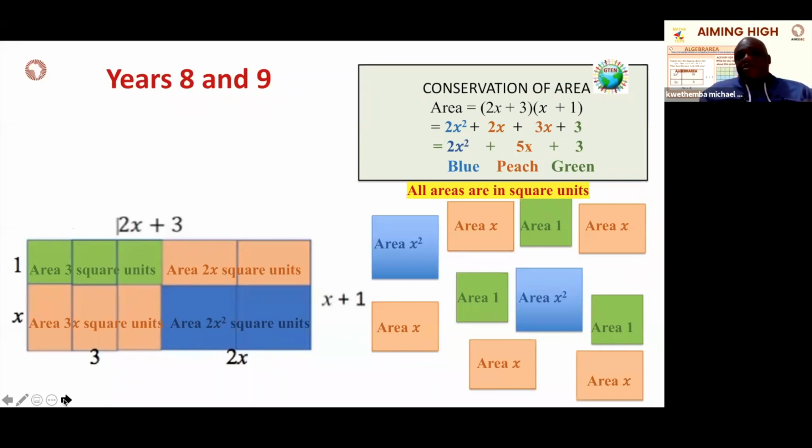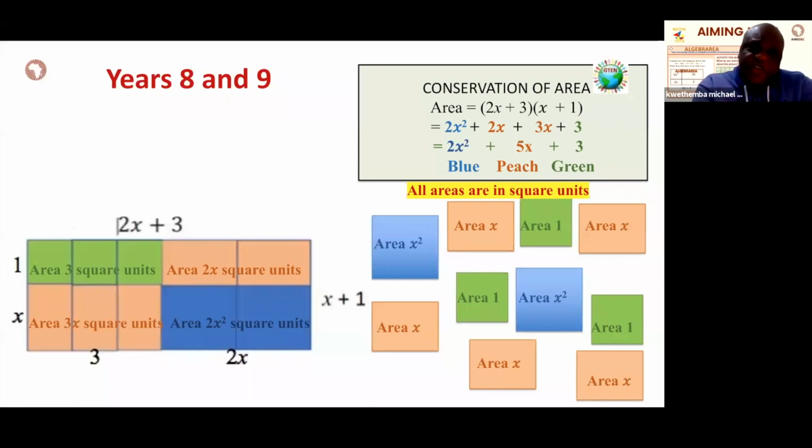And like I said, they will obviously obtain different rectangles which are identical. And asking them, what is the area of each? We are all bound to find learners giving us the same area. And this makes us appreciate that whatever rectangle you get, the area is conserved because it's coming from the same pieces, squares and rectangles, which form up this big rectangle.